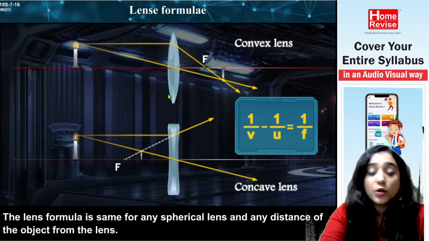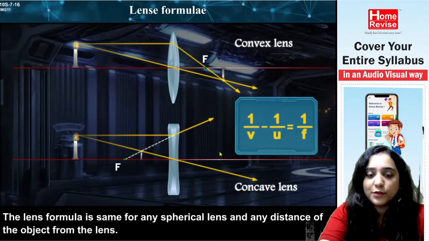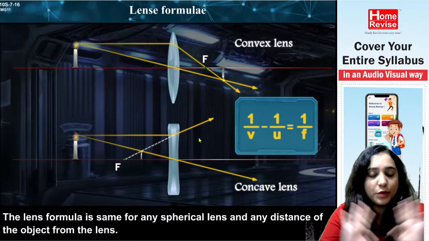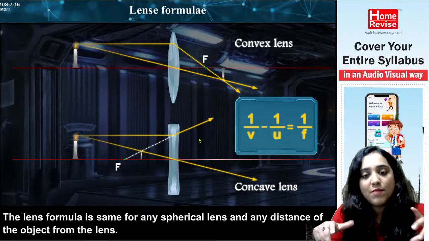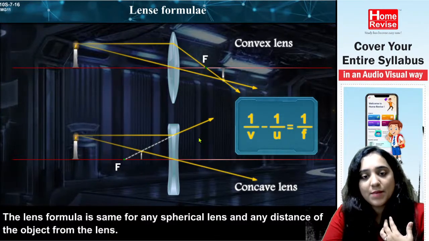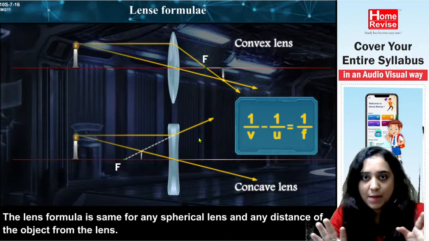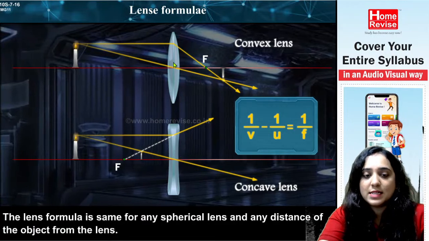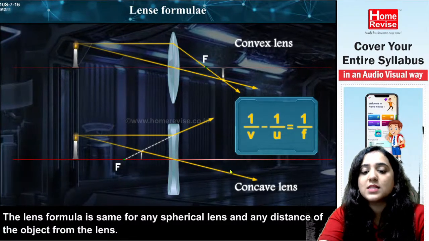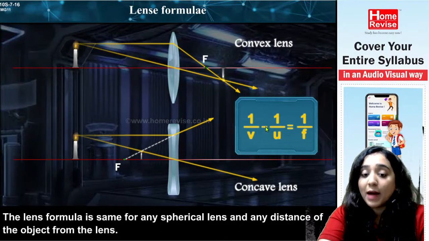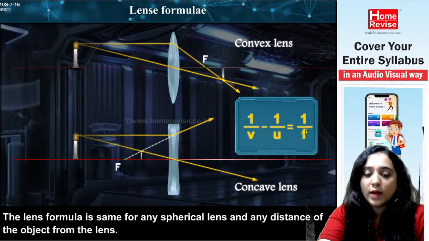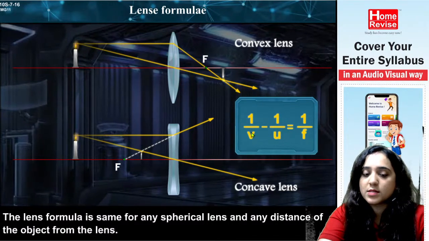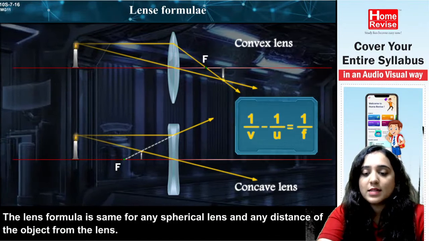So you don't have two different lens formulas for different lenses, one for convex and another for concave. No, it is not like that. The lens formula is the same for both the lenses, convex and concave. 1 upon v minus 1 upon u equals 1 upon f, where f is the focal length, u is the distance of the object, and v is the distance of the image. Okay, now let's understand the next one.